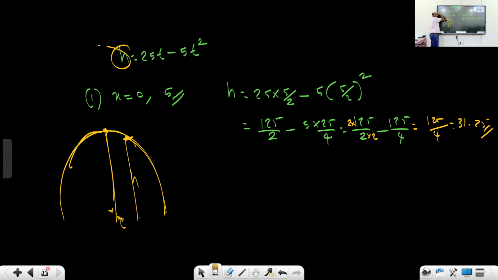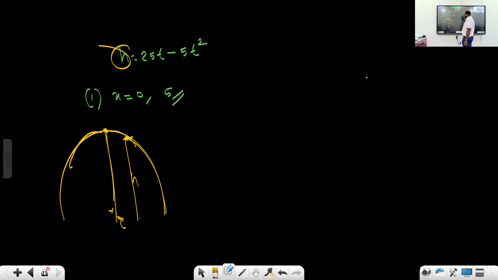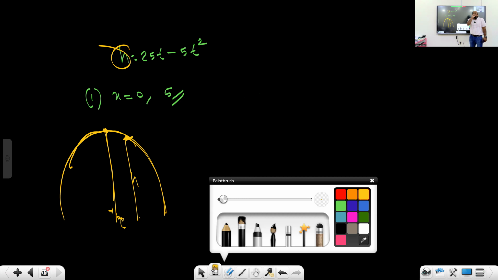So h you have to replace with 30. Then simplify the quadratic equation. Question, many things you have to think, then only you will get the answer.